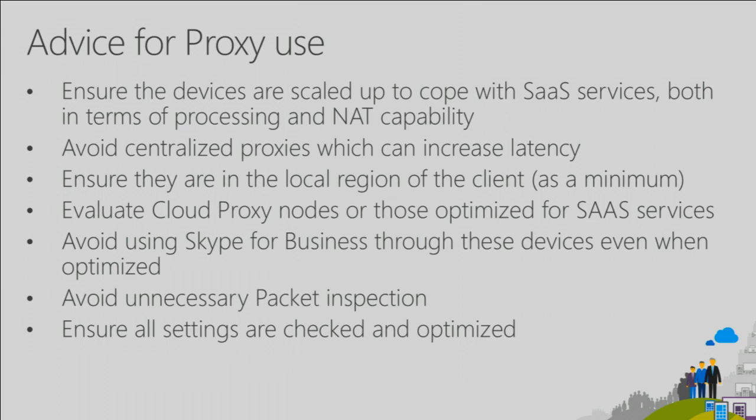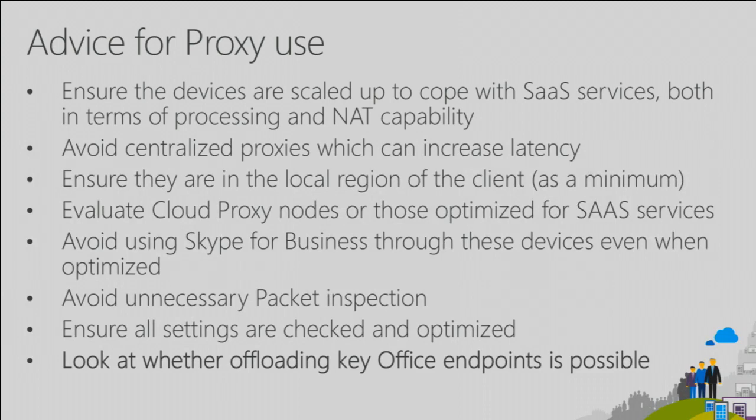So have a look at them, and reassess whether your policy around proxying that was for yesterday is still applicable for today. Try and avoid unnecessary packet inspection. I'll dig into that a little bit in a few slides. And ensure all settings are checked and optimized. We've got a lot of the common issues linked off the URL Paul gave to you earlier on.